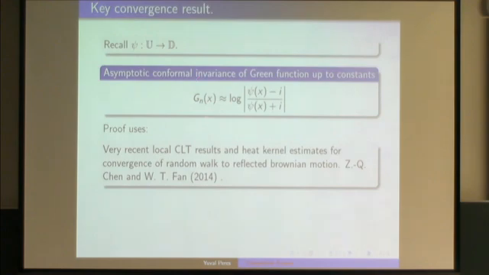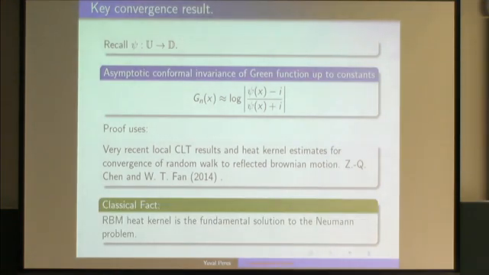And what we need is the fact that with suitable normalization, the dipole Green function in the graph is converging fast enough to this limiting expression. What underlies this is that the reflected Brownian motion heat kernel is a fundamental solution to the Neumann problem.